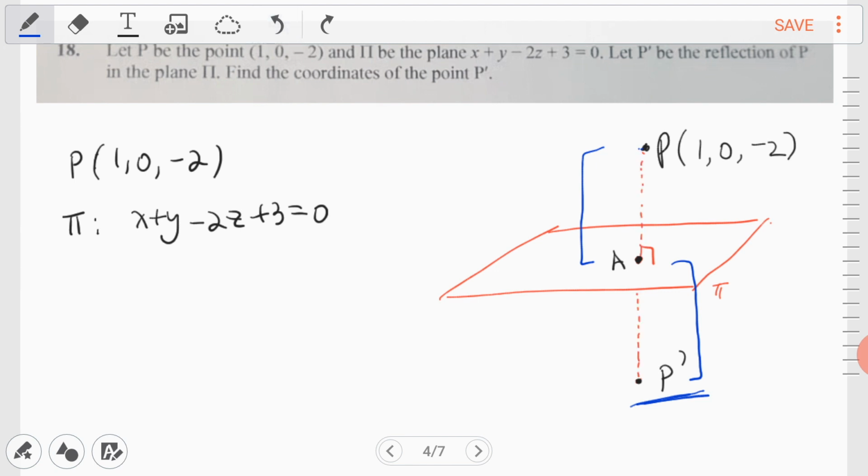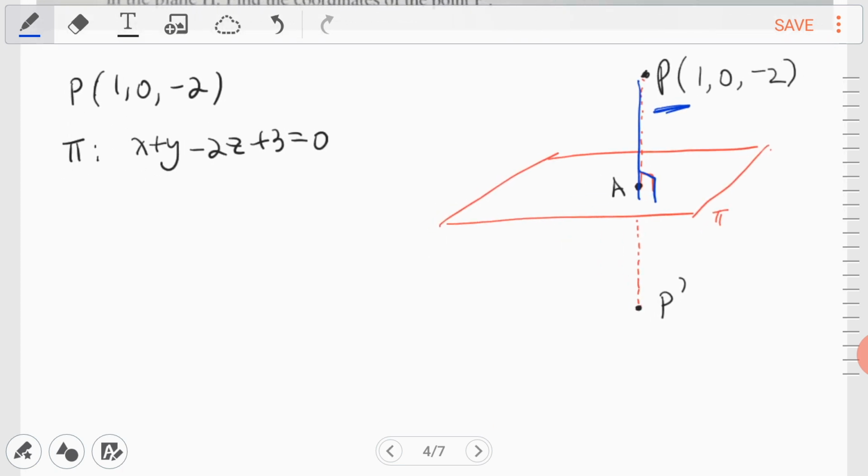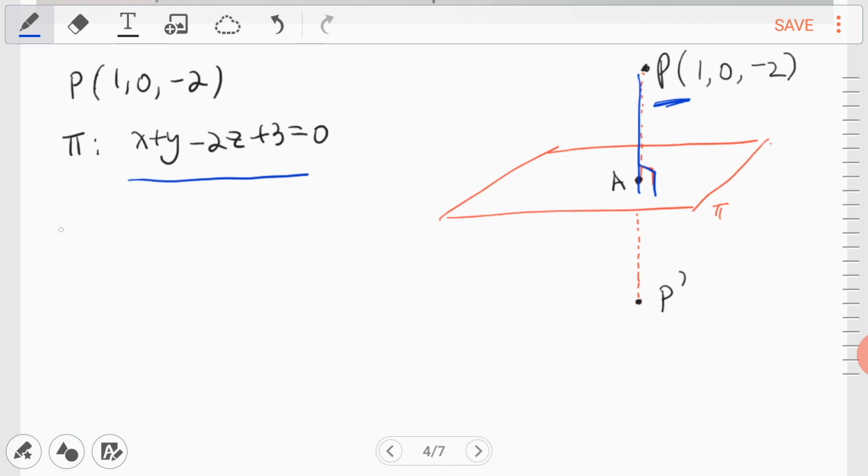Now, to find the reflected point P', we're going to find the equation of the line starting at point P and going in the direction of the normal of the plane. We can get the normal of the plane from the equation, where the normal is (1, 1, -2).